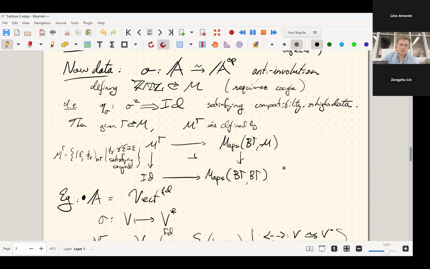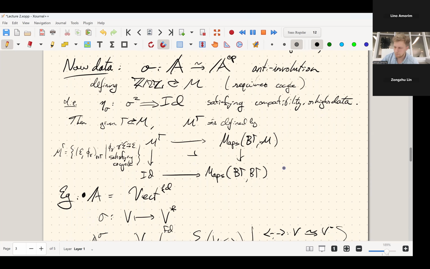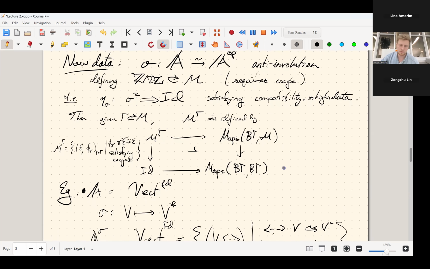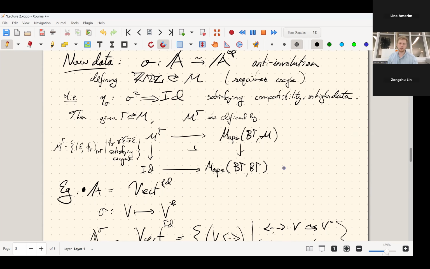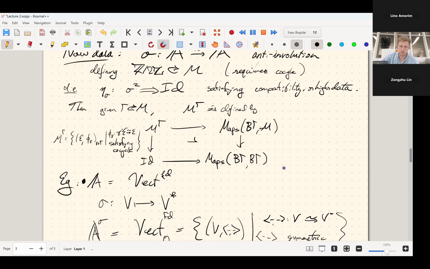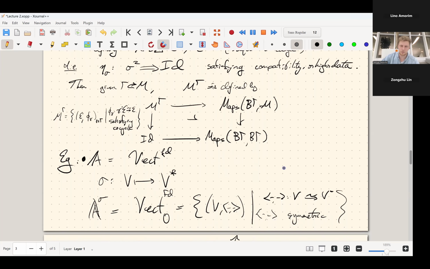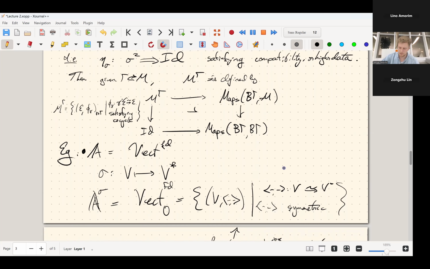But we need this to be a group action on a stack, which is a little bit more data than just the anti-involution. We also need a co-cycle condition, which means we need a natural transformation from the square to the identity. There are versions where it's required to satisfy a co-cycle condition, and then there are weak versions where there's additional data and it's only required to satisfy it up to some higher, weaker homotopy.